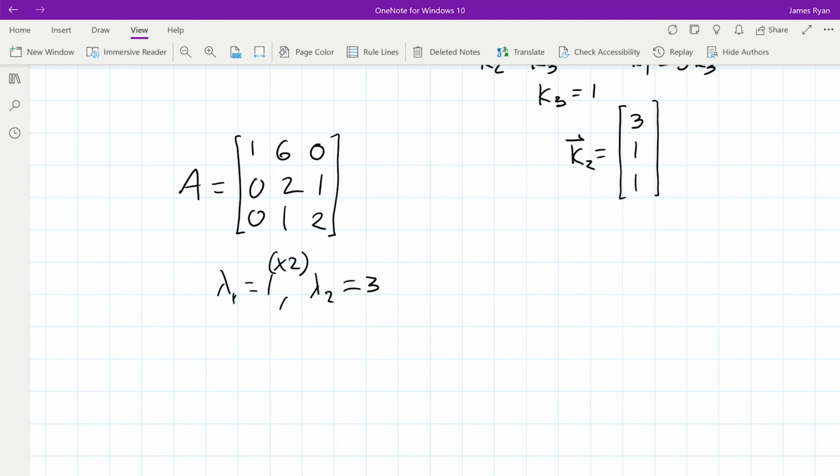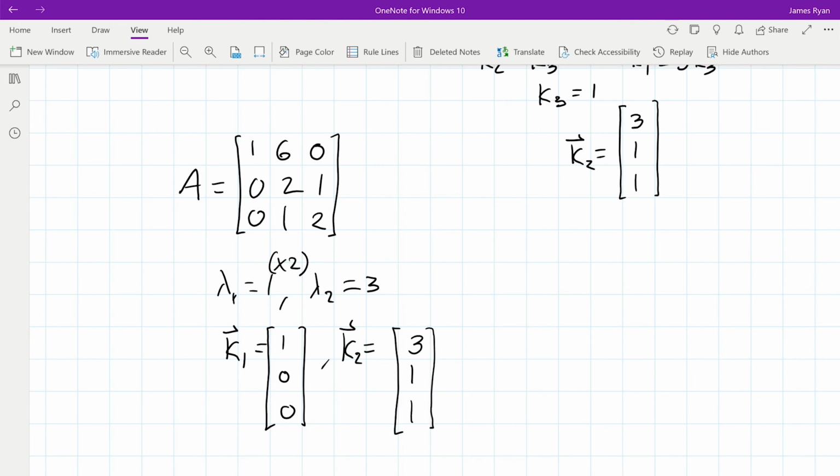And then the eigenvectors are k1 is 1, 0, 0, and k2 is 3, 1, 1. Those are the eigenvalues and eigenvectors of this 3 by 3 matrix.